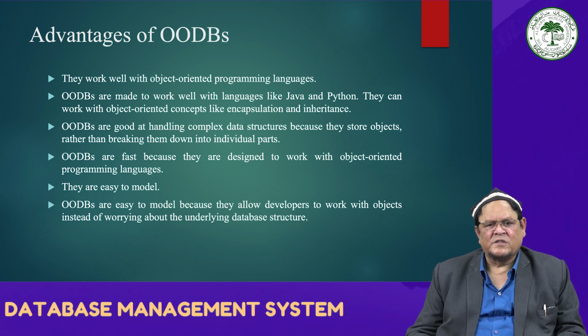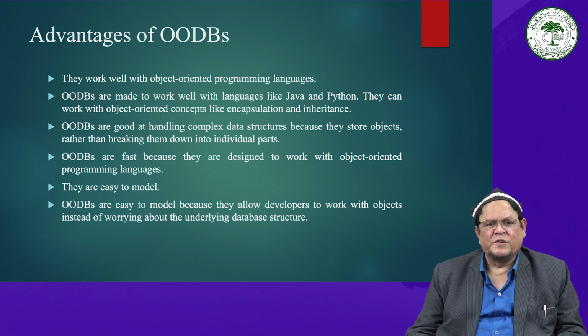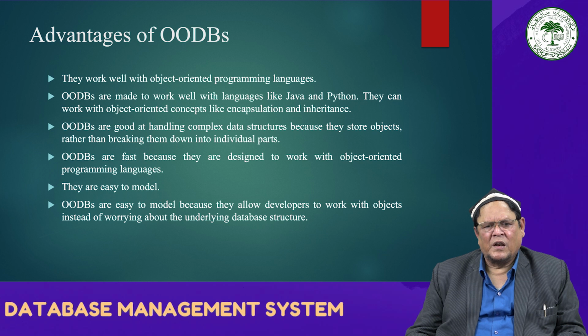Now let me discuss some of the advantages of it. They work well with object-oriented programming languages. Object-oriented database management systems are made to work well with languages like Java and Python. They can work with object-oriented concepts like encapsulation and inheritance. They can handle complex data structures well.